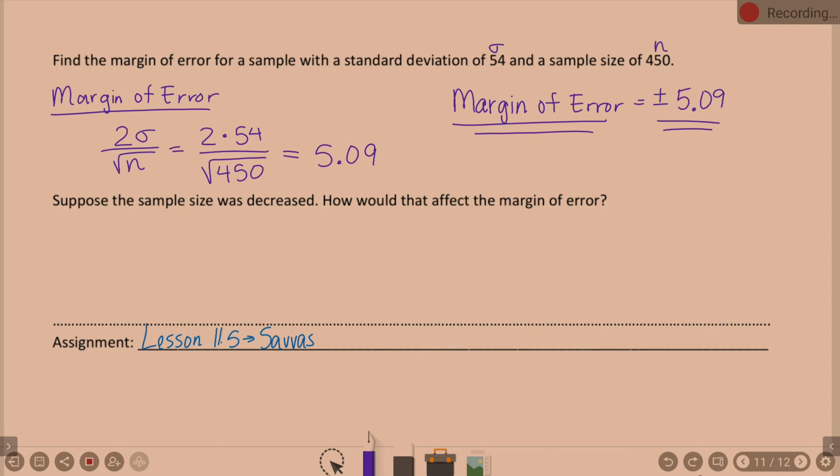It's going to go up. Now, logically, does that make sense? If you have a smaller sample, there's going to be more error. The idea earlier of 10 shots versus 100 shots: the less you do something, the more room for error there's going to be. So decreasing the sample size increases the margin of error.